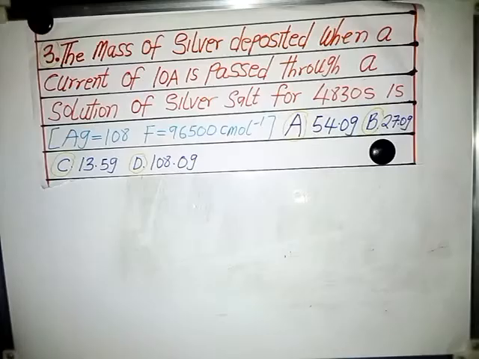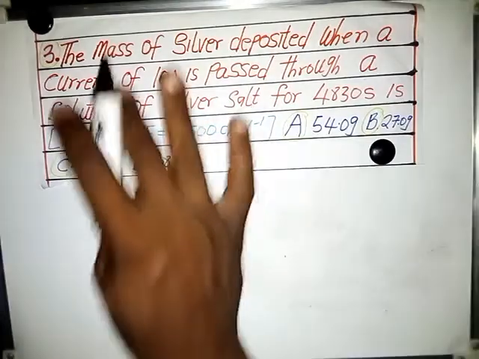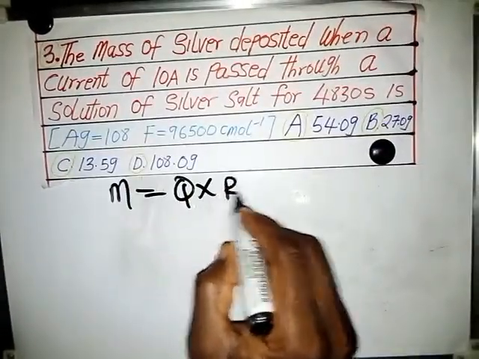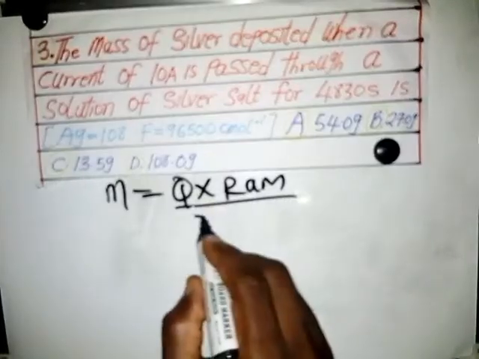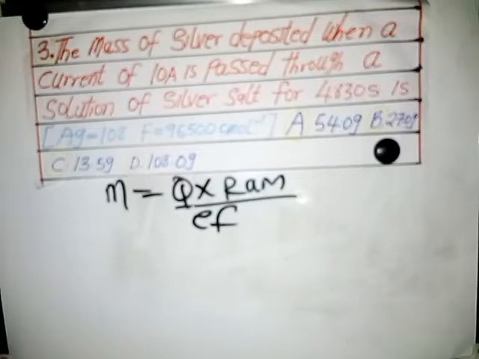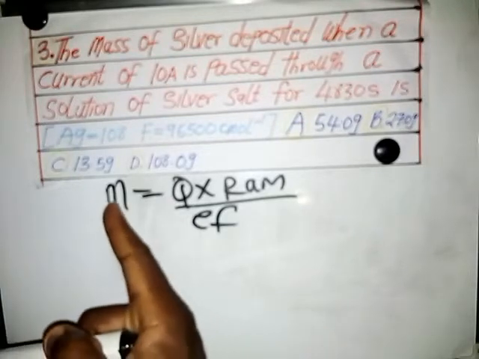So number 3. You're looking for mass. So you're going to use this formula. M equals to Q times RAM over EF. So we are looking for the mass.